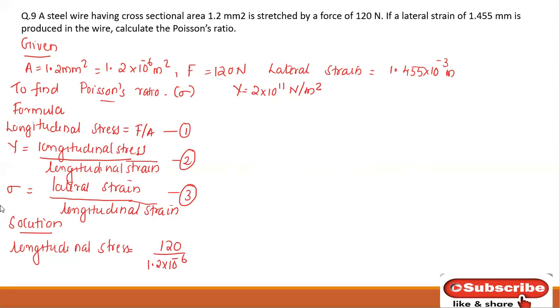So 120 divided by 1.2 into 10 raised to minus 6, we will get 10 raised to 8 Newton per meter square. So we got longitudinal stress.